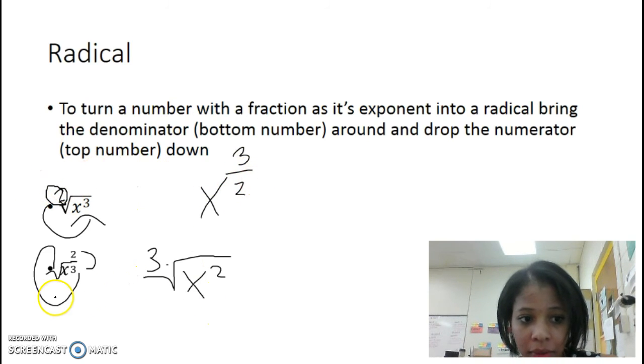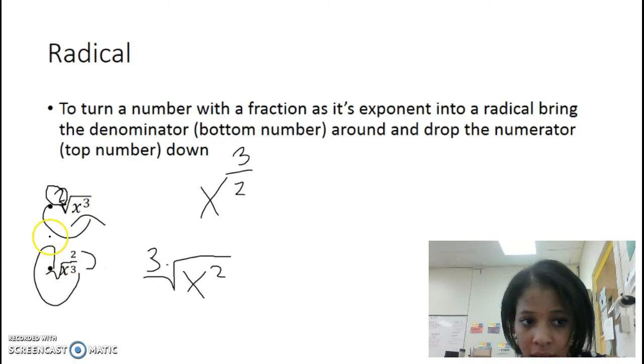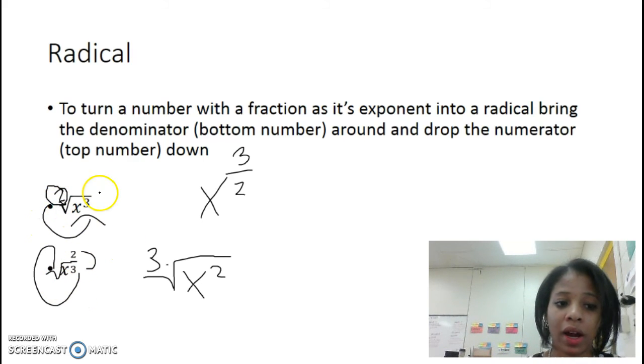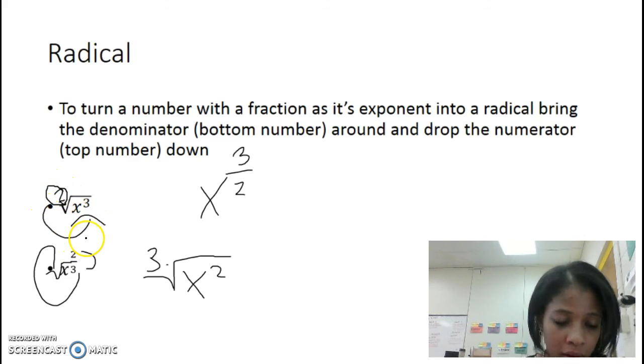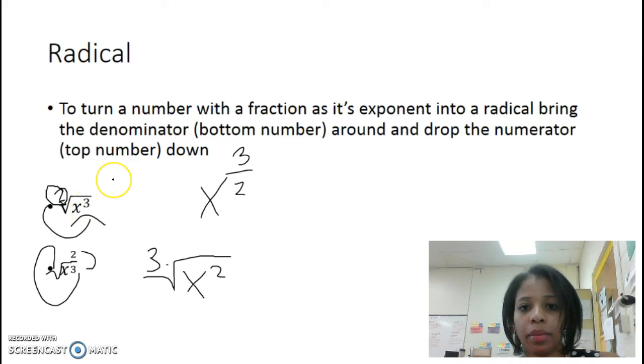It's just the opposite of what happened here. I brought this one around clockwise and dropped this down, going from fraction to radical. Going from radical to fraction, you bring whatever number is out here around counterclockwise and push the exponent up, okay?